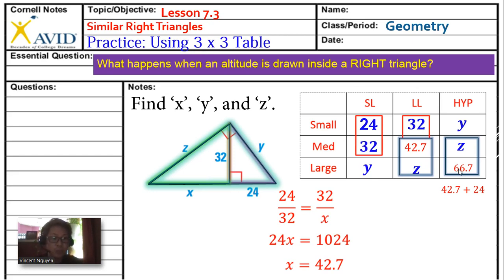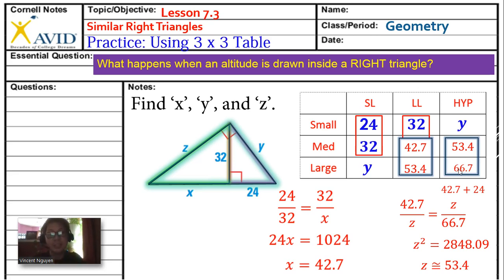I'm going to do 42.7 over z equal to z over 66.7, then just cross multiply and take the square root. The square root of 2848 is 53.4. So now I'm going to go back to my table and replace z with 53.4.